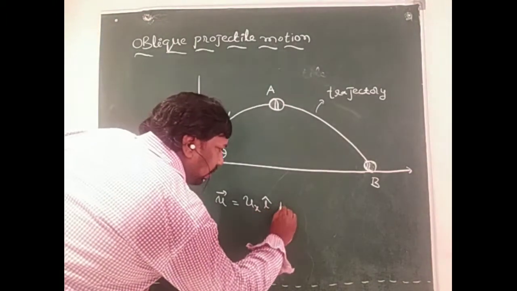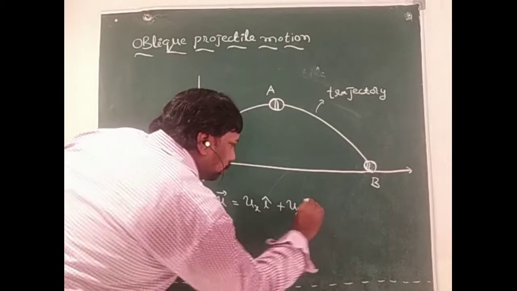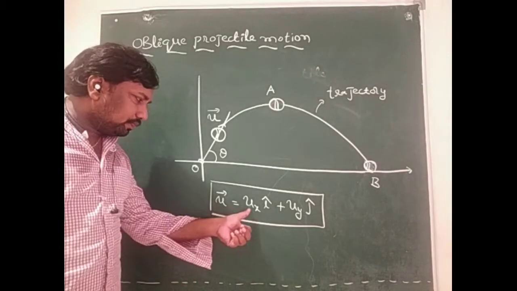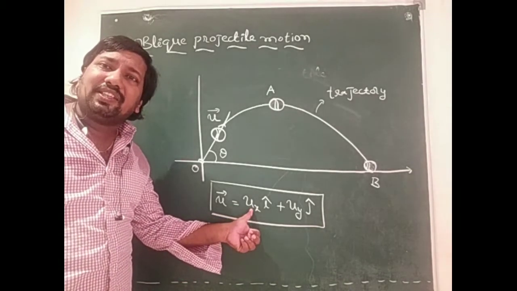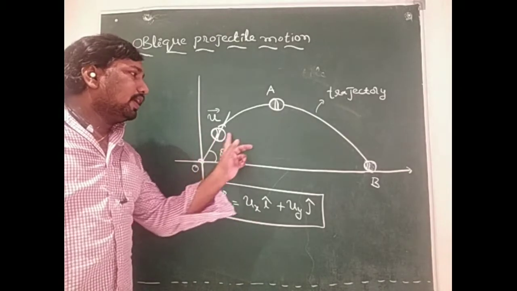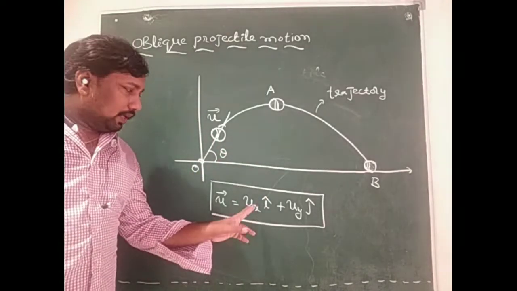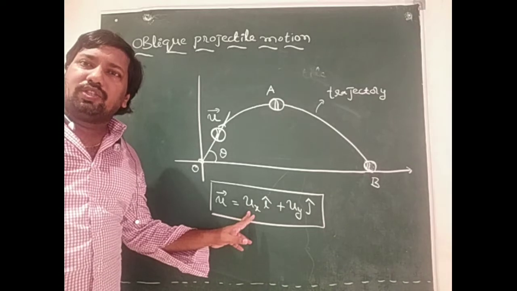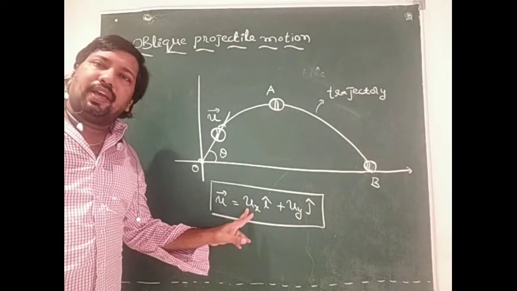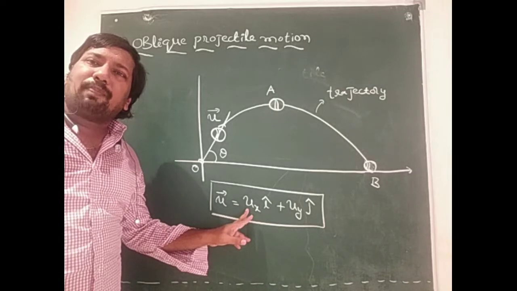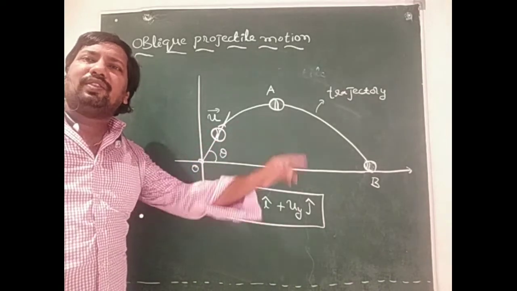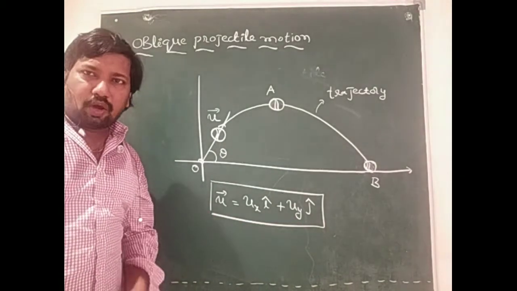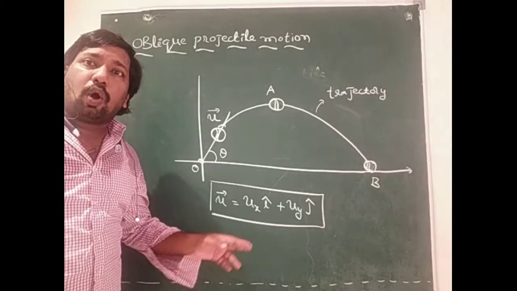Another is the vertical component, that is uy. The horizontal component of velocity remains constant at any point in the path, because gravity does not act on the horizontal component. But uy, the vertical component of velocity, is affected by gravity.